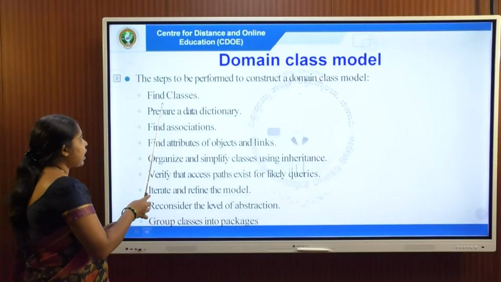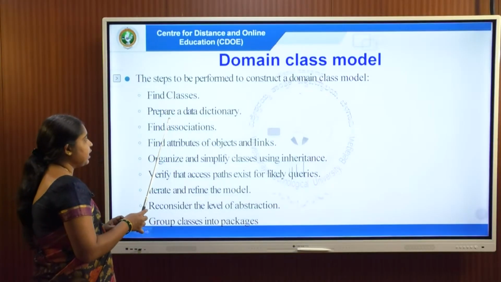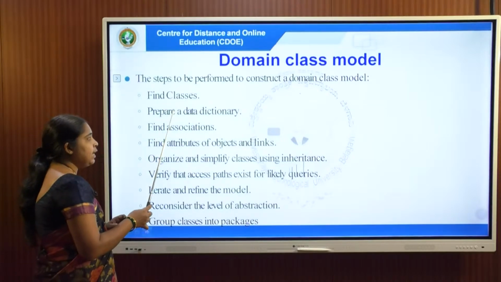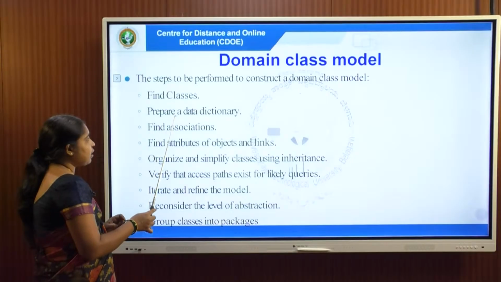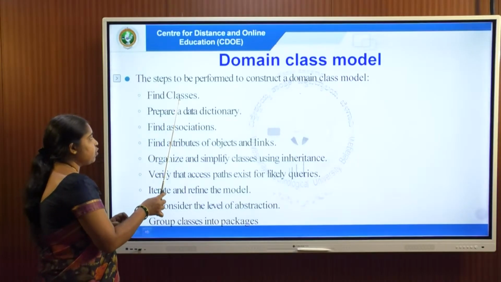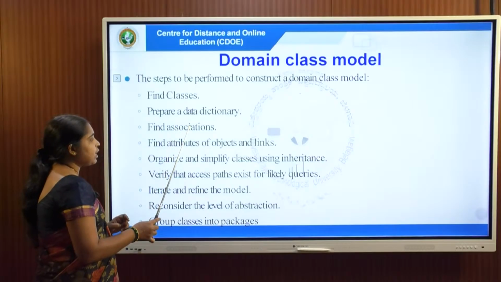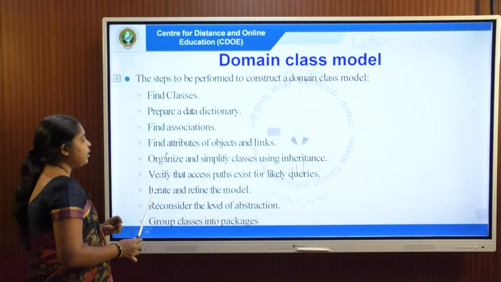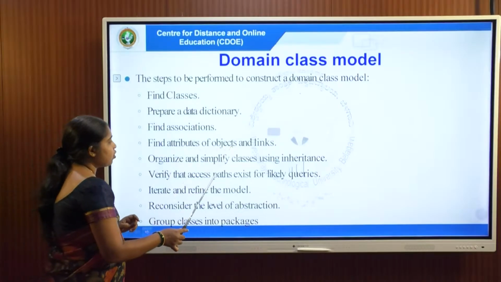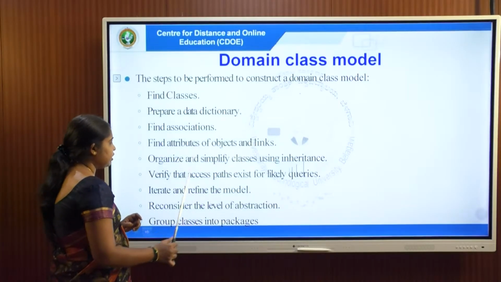First, we are going to identify classes. Once the classes have been identified, you are supposed to prepare a detailed description of those classes. After that, you have to find out how these classes are associated with each other, and find the attributes of the objects and how they are linked with each other.